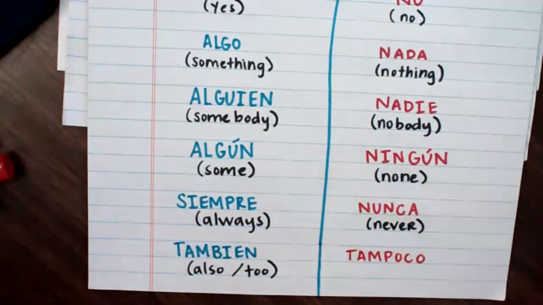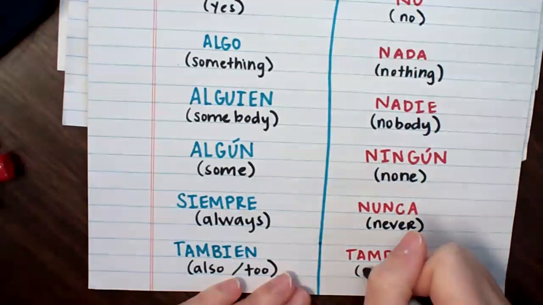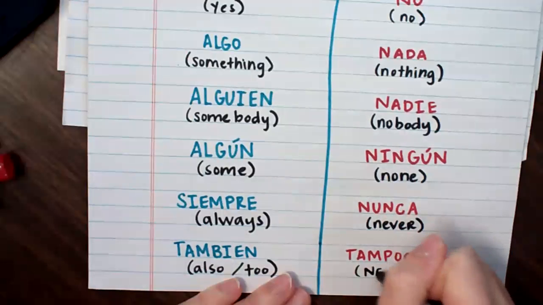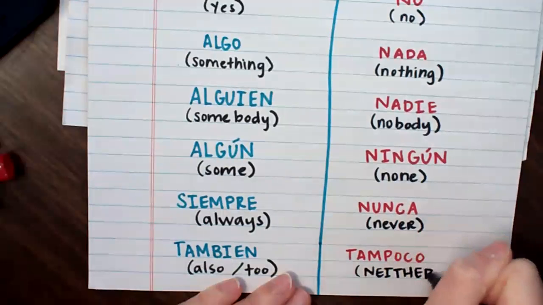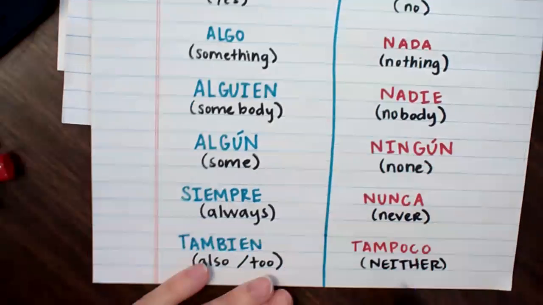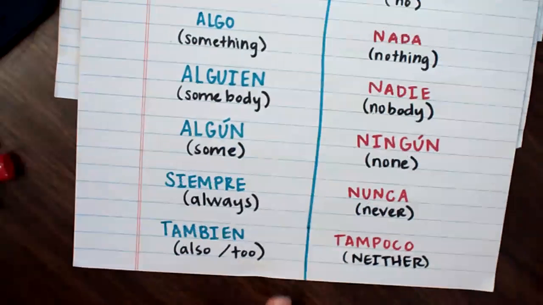And tampoco means like neither. Like if you're saying me neither. Hope I spelt that right. My biggest weakness in English is I before E. Like I know the rule, but I always mess it up anyway.